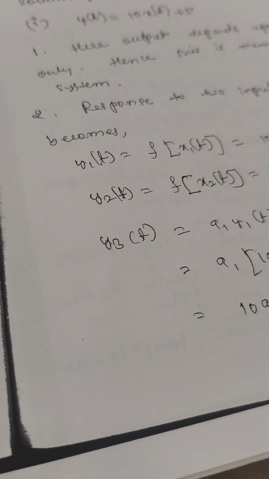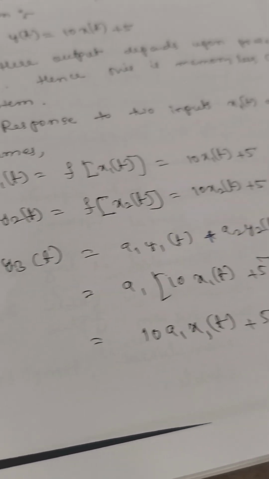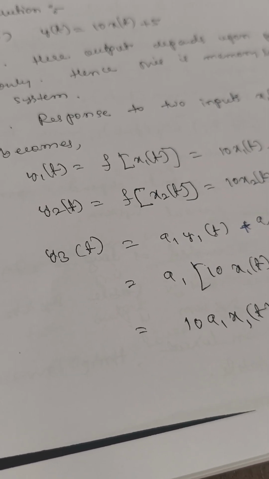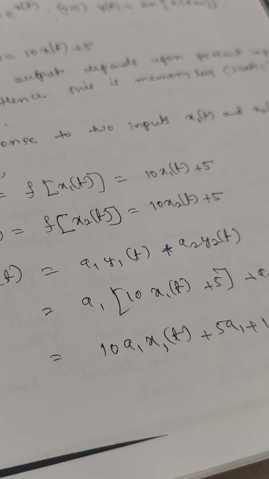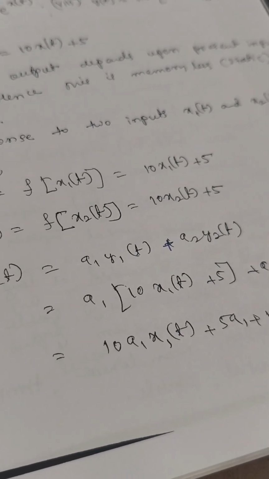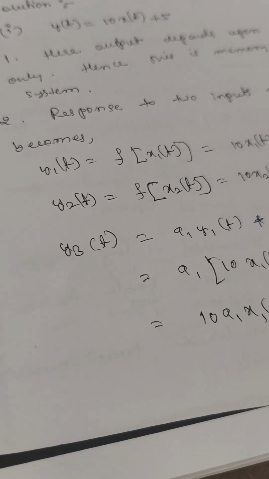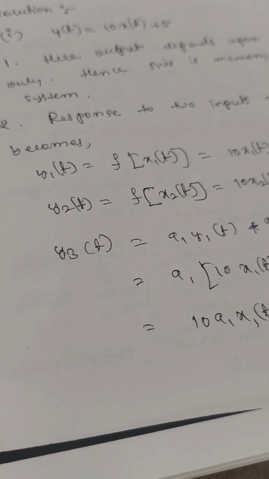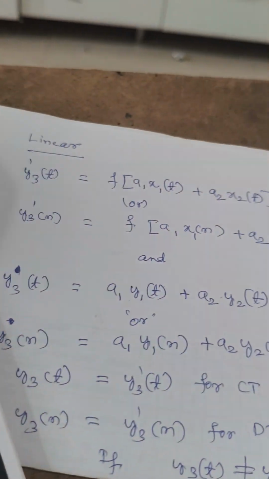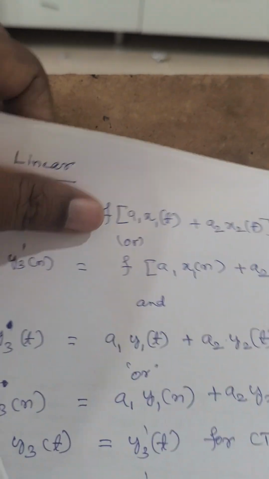Now we will use this equation: y3 of t equal to a1 y1 of t plus a2 y2 of t. This we call y3 of t. Suppose we want to find out the linearity property.